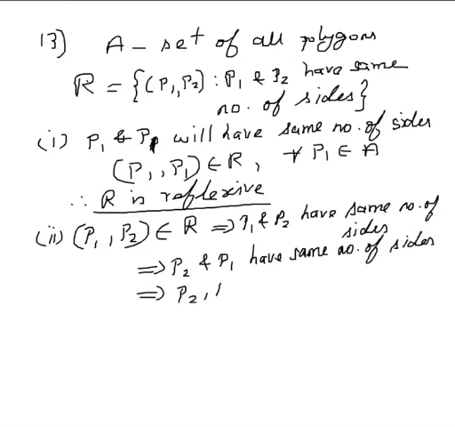Therefore, P2, P1 belongs to R, and these two are taken from the set A. Therefore, I conclude that R is symmetric.